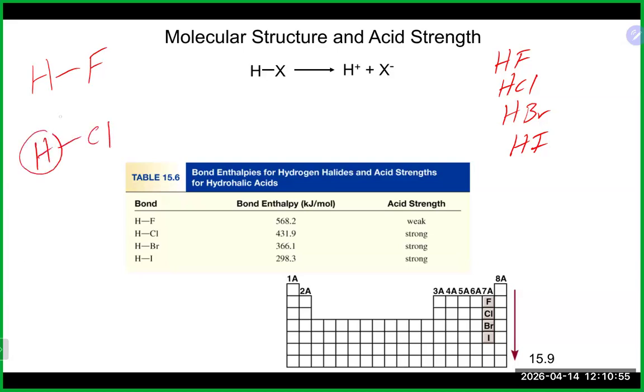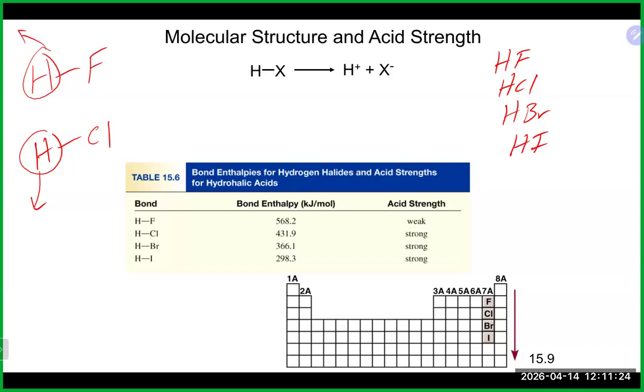of the acid to release those hydrogens, right? And that's what makes something a strong acid versus a weak acid. A strong acid has a pretty easy time releasing that hydrogen. A weaker acid is going to hang on to it, not going to want to release it as much. And when we look at this type of acid, although you may think electronegativity plays a role, it actually doesn't.